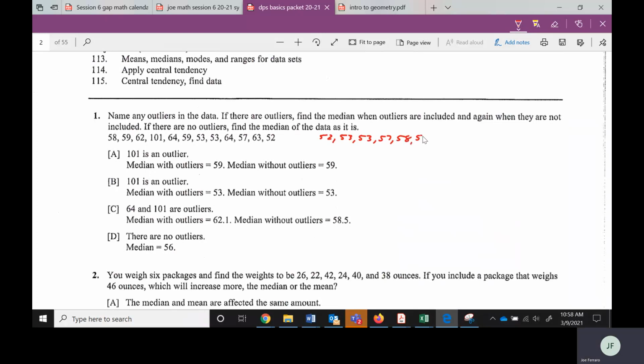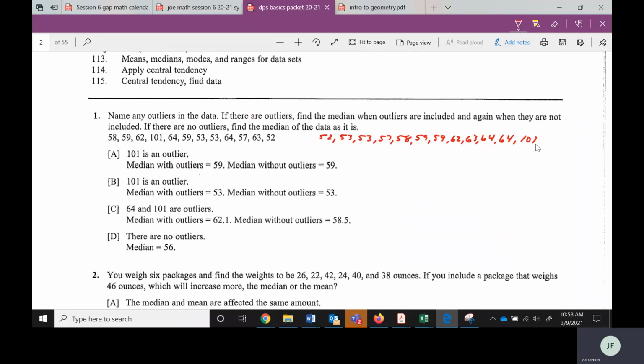And a couple 59s. $62. And then 101. Okay, so we have 1, 2, 3, 4, 5, 6, 7, 8, 9, 10, 11, 12 numbers right now.